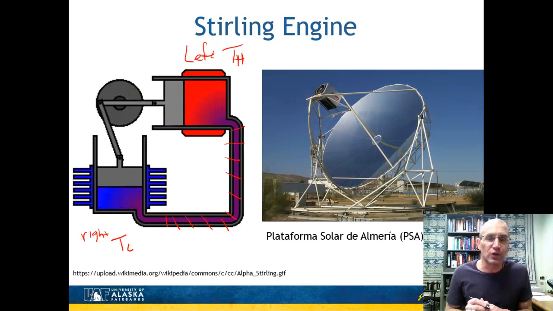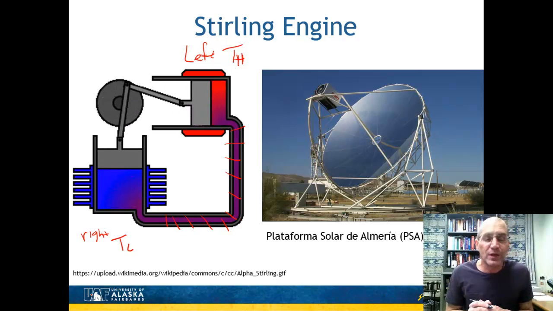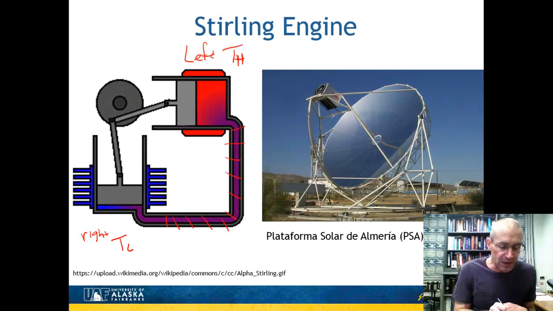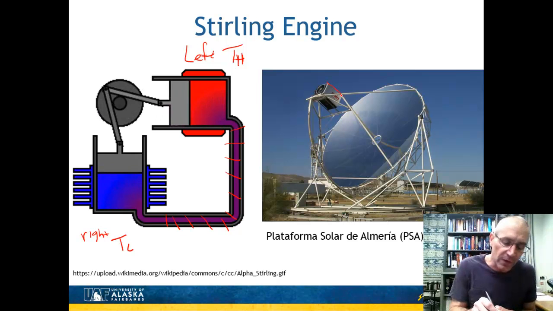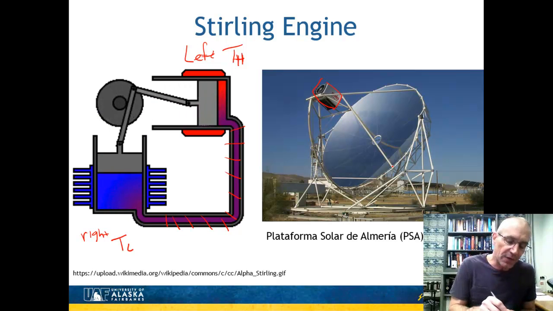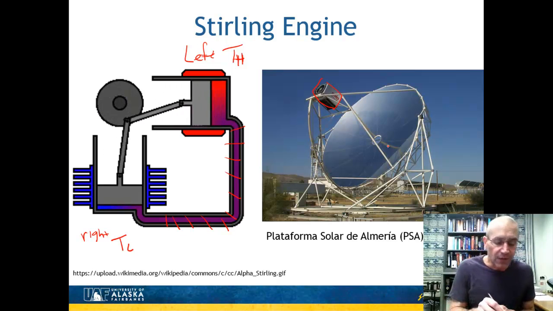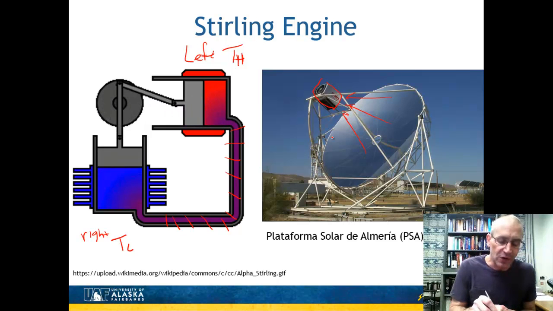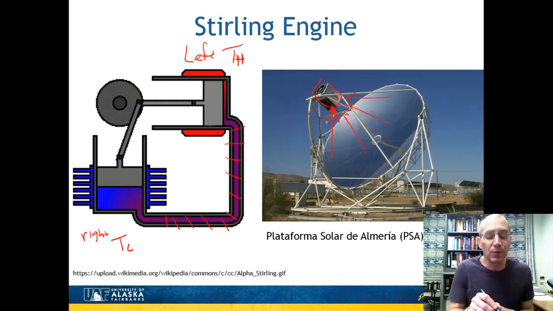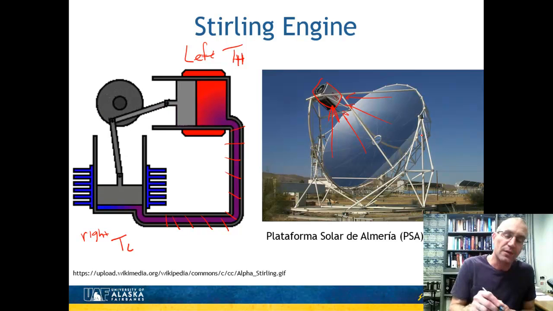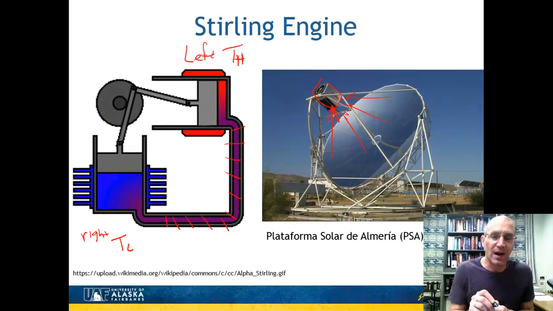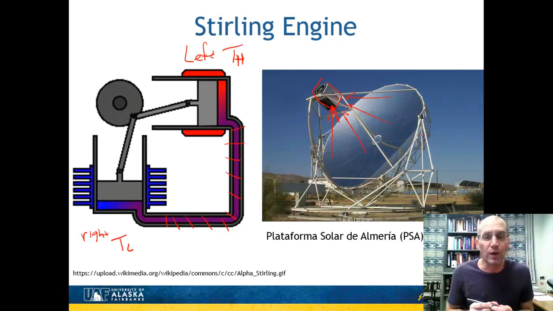There are a few practical Stirling engines. They're still in the research stage, but they do exist. Here's one that's in Spain, and this is the Stirling engine right up here, and this is just a big concentrating mirror that's reflecting a bunch of sunlight onto the hot side of the Stirling engine. The reason people use Stirling engines for these types of generators is that concentrated solar energy, although that would be pretty hot, is still considered a pretty low quality heat.